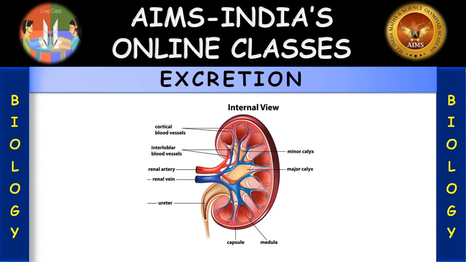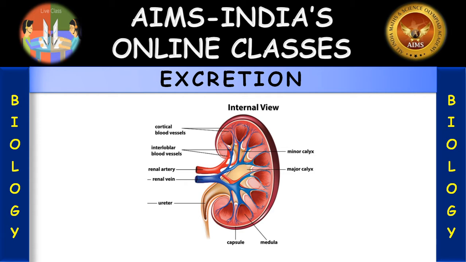Due to the metabolism, several harmful excretory products are formed, and the process of removing toxic waste from the body is called excretion. The human excretory system comprises a pair of kidneys, ureters, a urinary bladder and a urethra. Each kidney is composed of a large number of uriniferous tubules or nephrons.